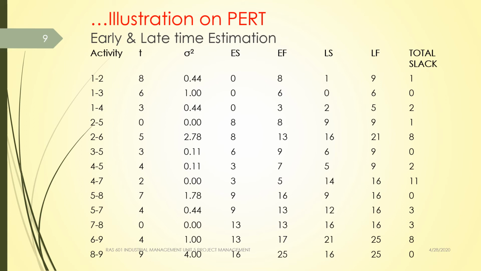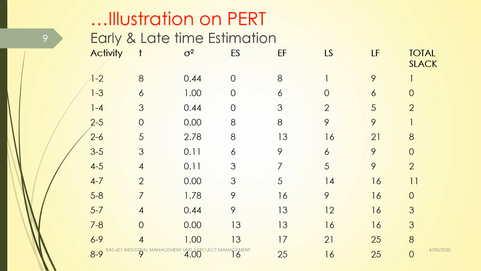Next is EFT, earliest finish time. Earliest finish time can be calculated as the summation of earliest start time plus the time taken to perform the activity. Latest finish time is calculated from the backward pass method.